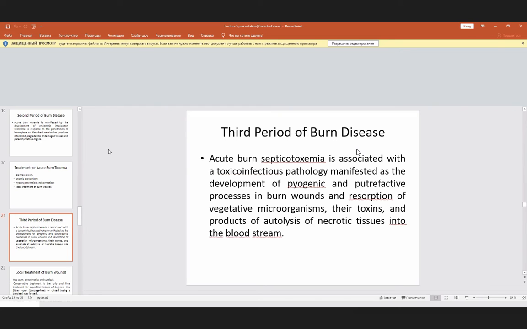Chemical necrolysis is performed on an area up to 10% of the body surface.